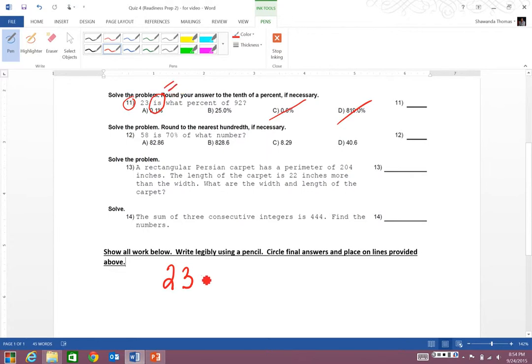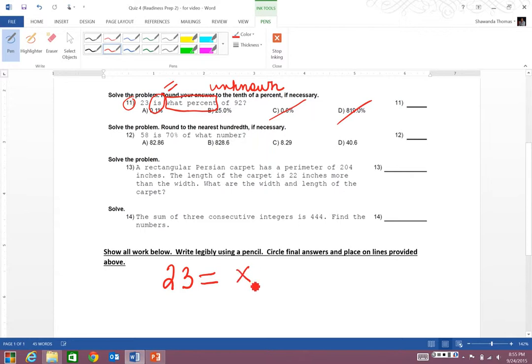The equal sign. So is equal. So 23 equals, when you have what percent, we don't know what it is, right? It's an unknown. We don't know what it is, so it's unknown. And we denote unknown by the variable x.